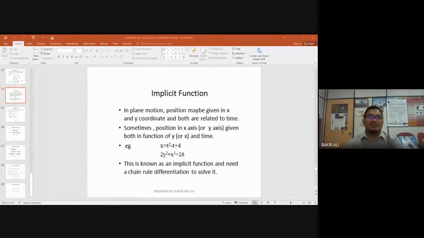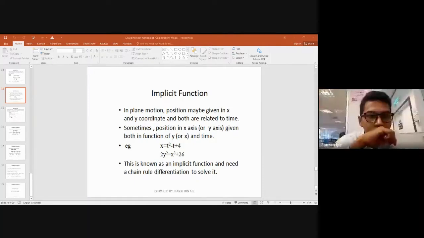So for example, we have the position of x given in function of t squared minus t plus 4, and the position in y-axis given by 2y squared equal to x cubed plus 26. So this is what we call an implicit function. x is given in the function of t, but y is given in the function of x.